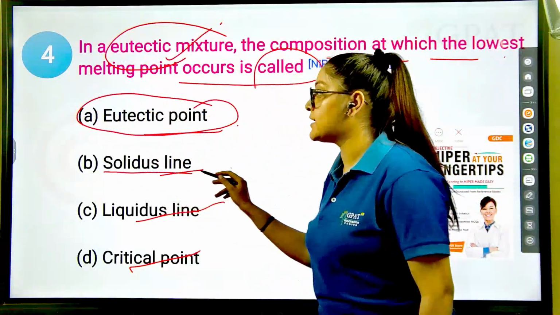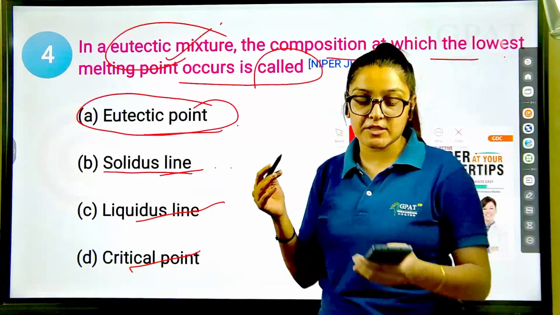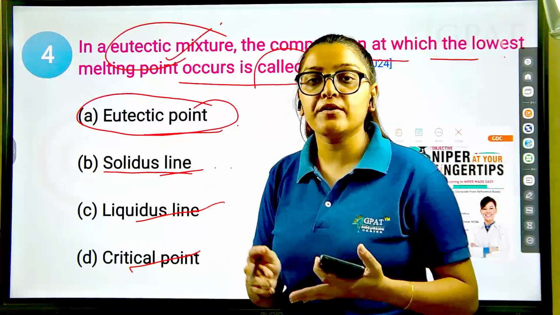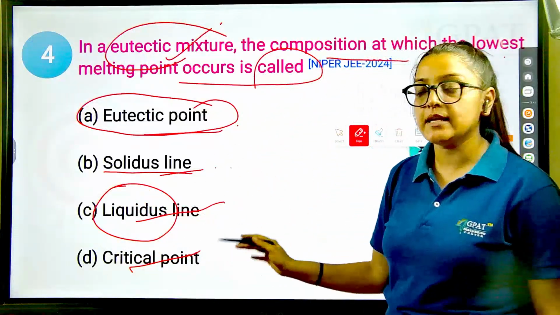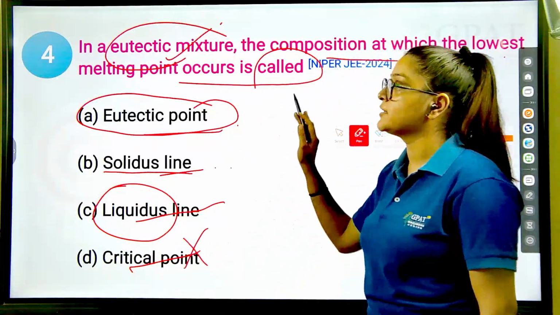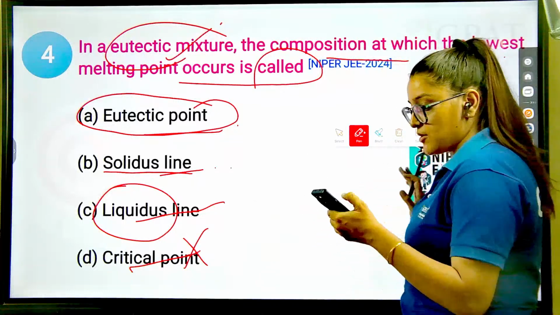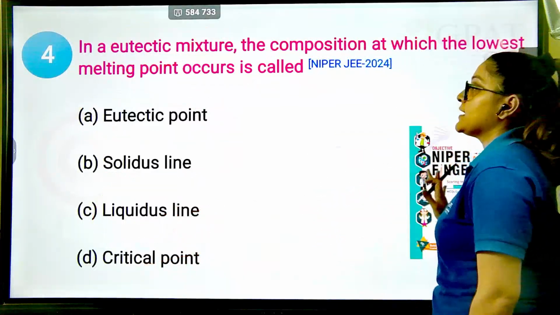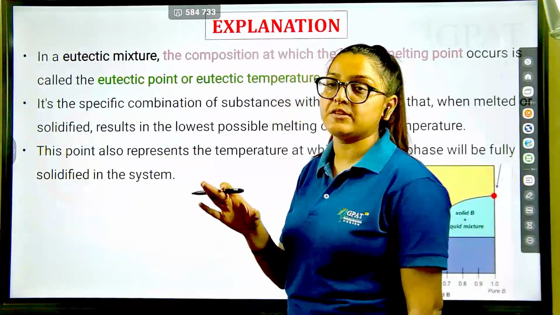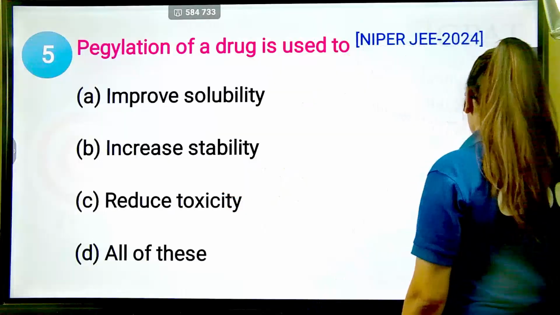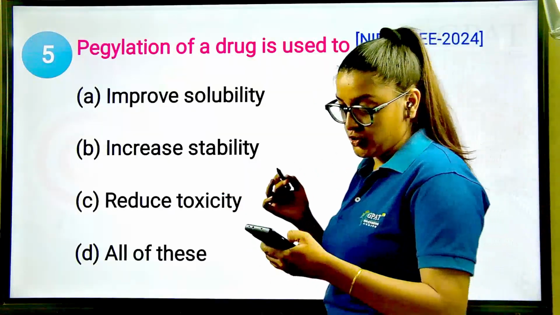If somebody asks you what the solidus line is, it is the temperature below which the component will act as a solid, and for the liquidus, the component will act as a liquid, and the critical point has nothing to do with the eutectic mixture. Okay, so the correct answer will be the eutectic point, although it was very evident from the name itself. Next, pegylation of a drug is used to do what?